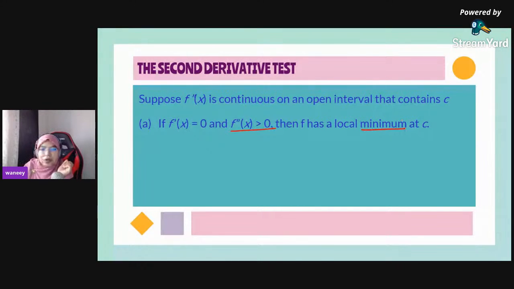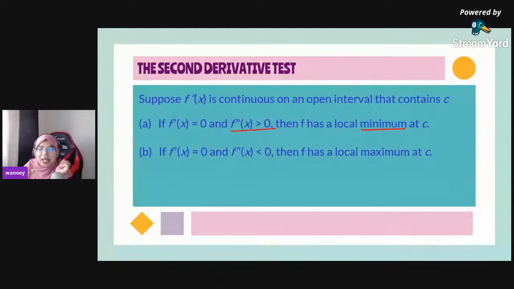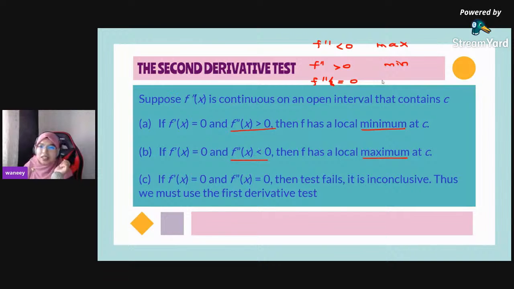If you have f prime of x equal to 0, and f double prime of x is less than 0, then this is a maximum. F double prime greater than 0, this is a minimum. And if your f double prime of x is equal to 0, then the test is inconclusive.